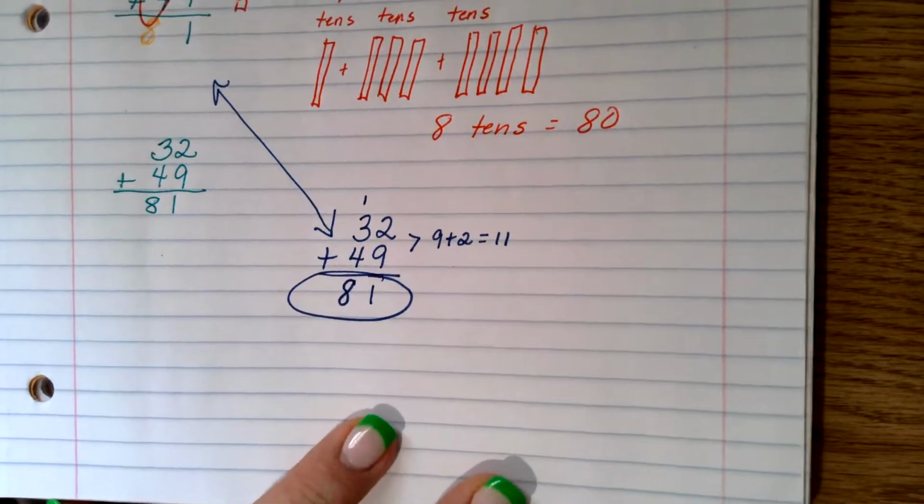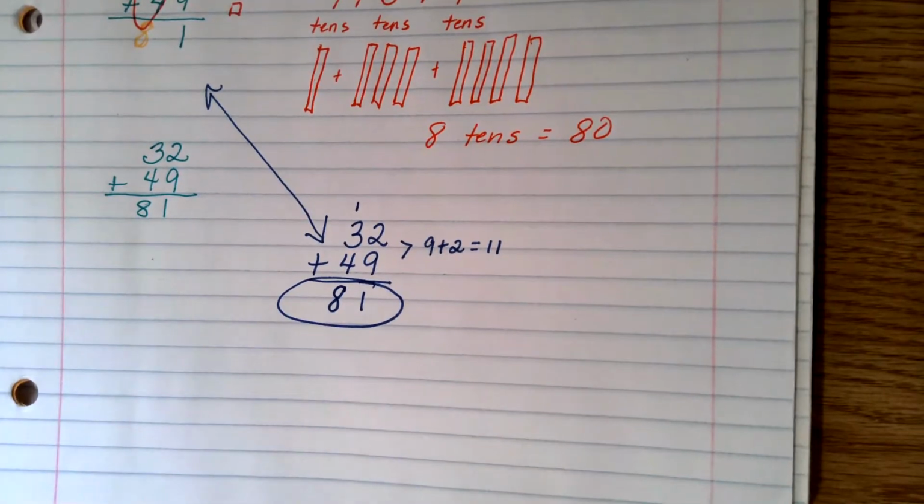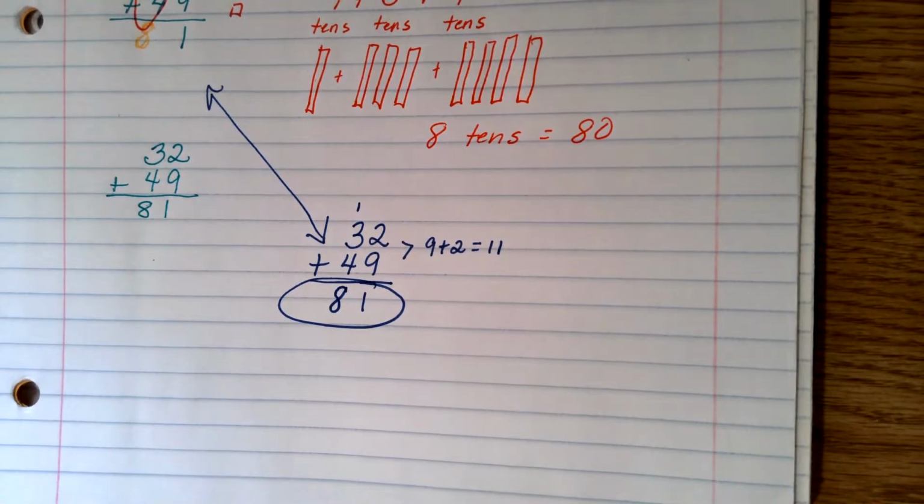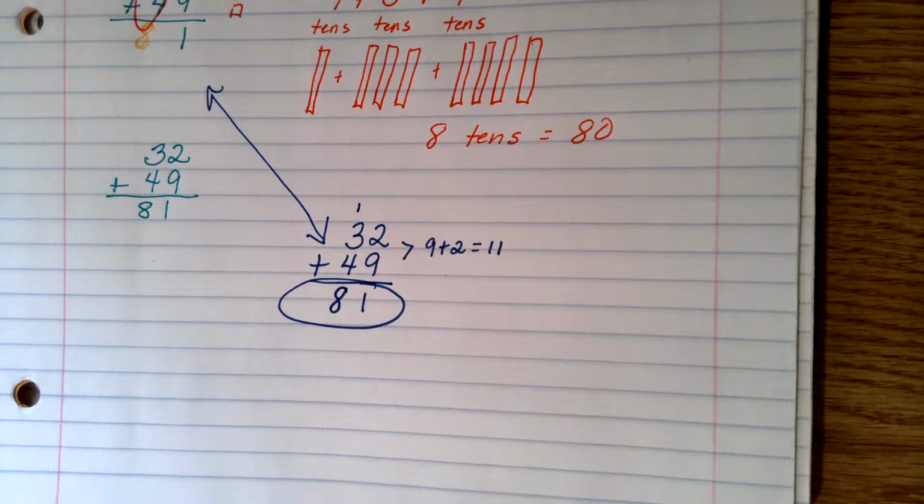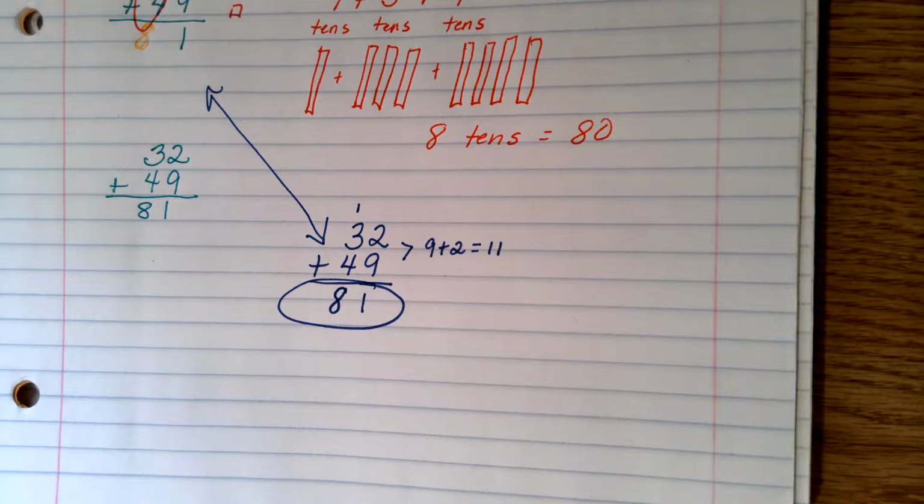Now, the other way we're going to regroup is when we do subtraction. I showed you in your notes one example of that, and that example was 72 minus 57. We had to borrow from the previous column because we didn't have enough to make it work.